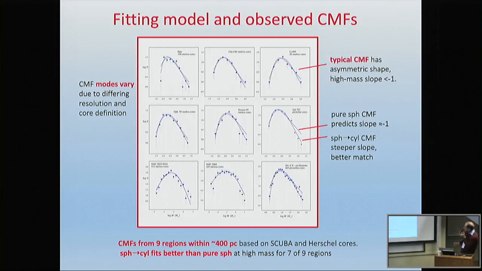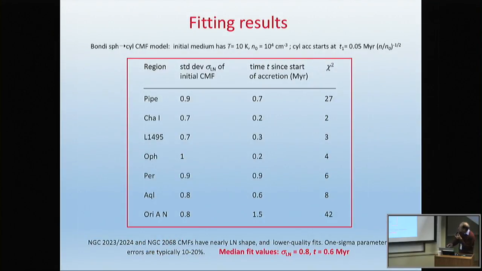Okay, so how does that look in terms of numbers? The typical fit values for this two-step process: the sigma of the log normal of the initial distribution is about 0.8, and the typical time it takes from start to finish for this two-step process is about 2 free fall times, or about 0.6 million years.